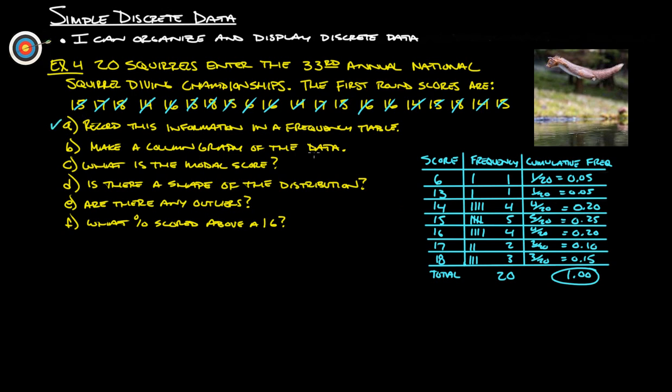Make a column graph of the data. Okay, so let's do that as well. Okay, so here's our frequency, here's our score. You want to make sure that you label your axes always on your table, or the column graph. Okay, and you usually want to give it a title as well.